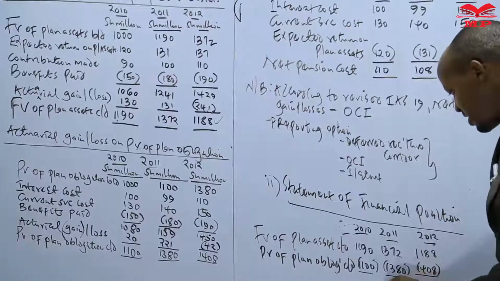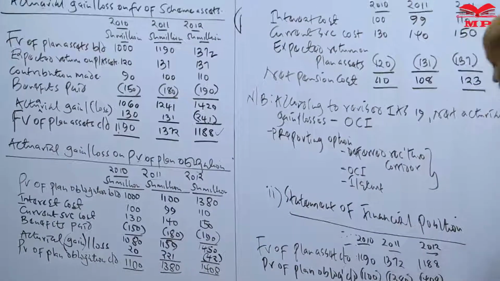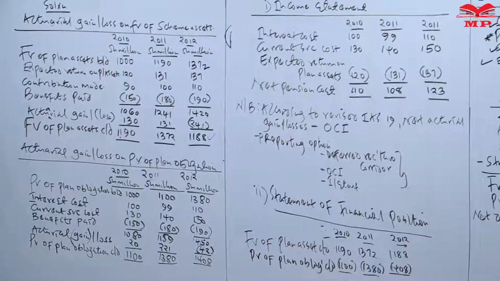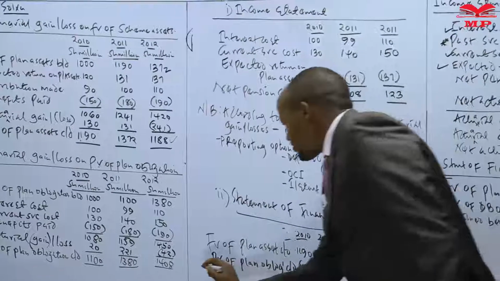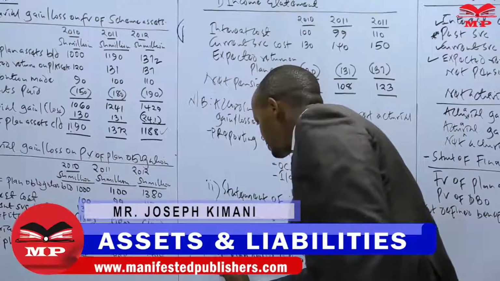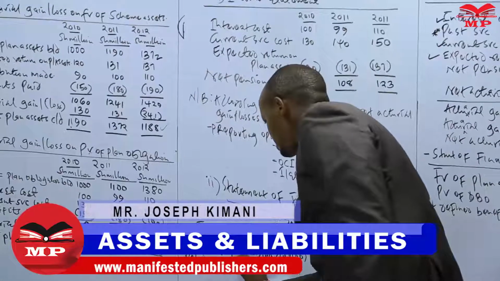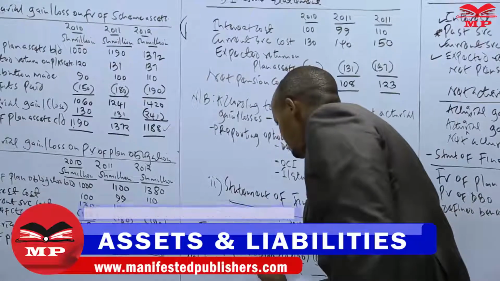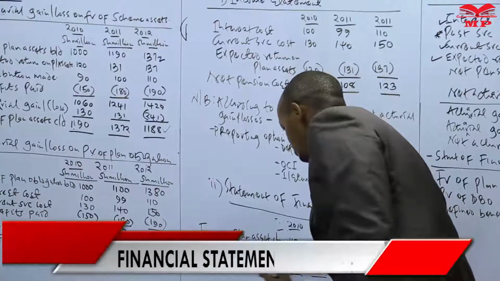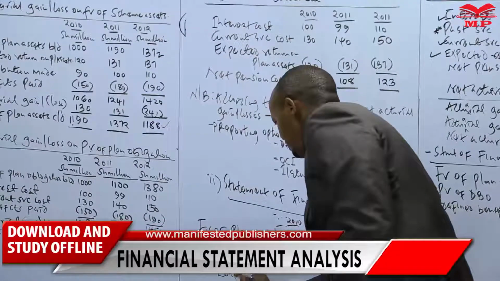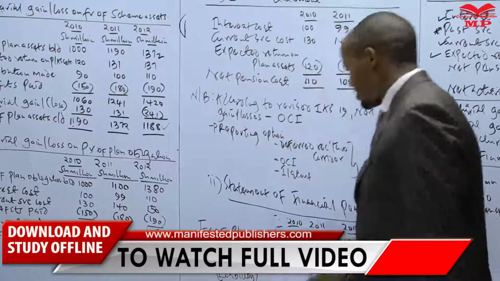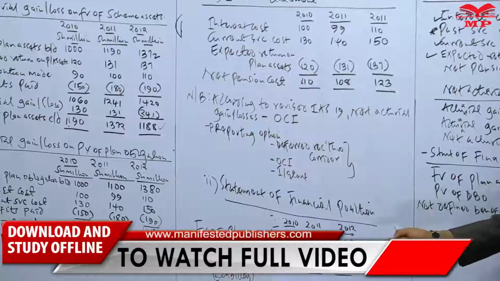So in this case, we can deduct our present value of the plan obligation from the fair value of the plan asset. And basically, the difference we refer to as a net defined benefit asset or liability. So whatever we will be having here is known as net defined benefit asset stroke liability. And basically, if we have a negative, it is a liability. If we have a positive, it is what?